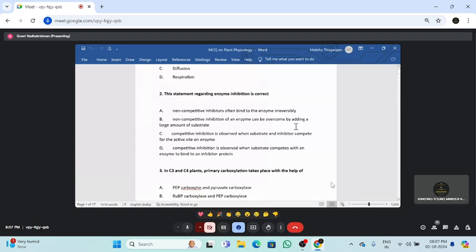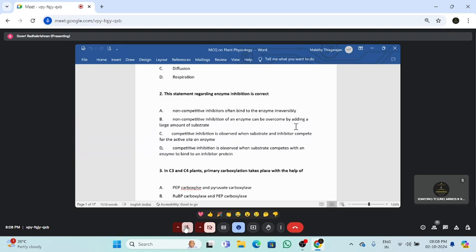All right, next one. Which statement regarding enzyme inhibition is correct? Can you identify the correct statement? Everything talks about enzyme and inhibition, but you already know, isn't it?